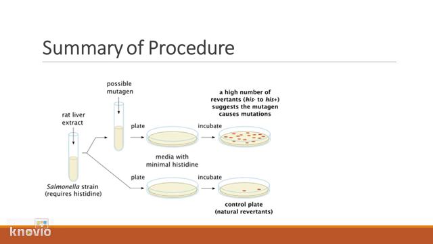Then we incubate it, and during this time, we observe the number of colonies that spring up. If we see colonies, that means mutation has occurred in the Salmonella DNA, which allows it to produce histidine again. In the other case, if there is no mutation, then after the incubation period, we'll see a control plate with absolutely no growth.